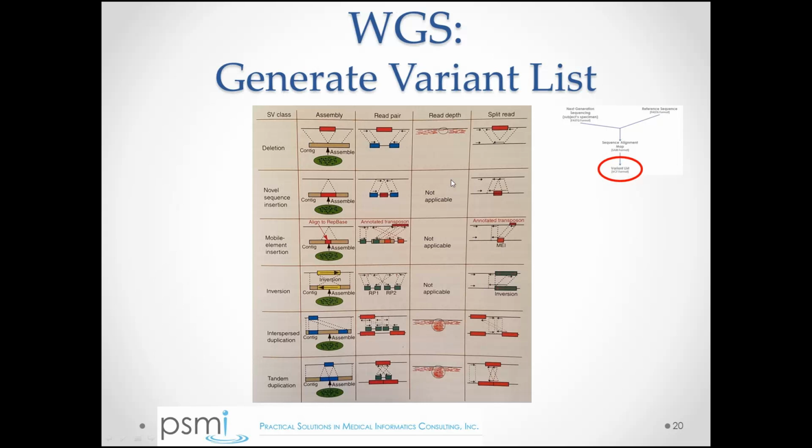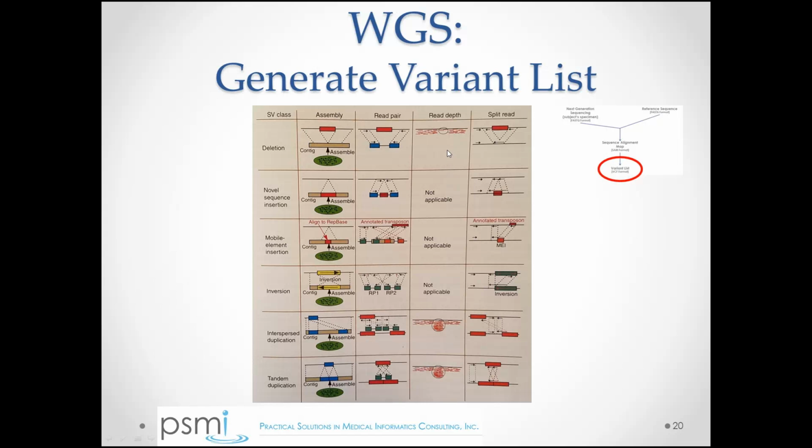And I kind of sort of only brought this picture in, not to explain it, but only to have your gut reaction of looking at this and saying, well, that looks hard, right? And what this picture is trying to show you graphically is how various types of computer algorithms look at sequence alignment maps and infer different types of variants.